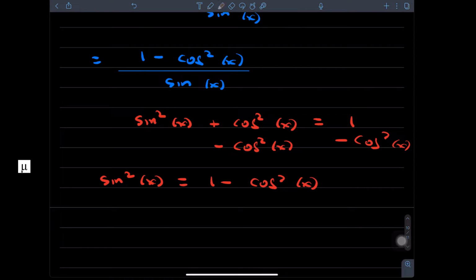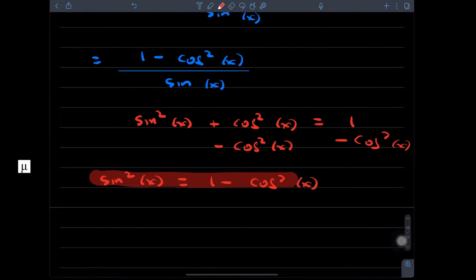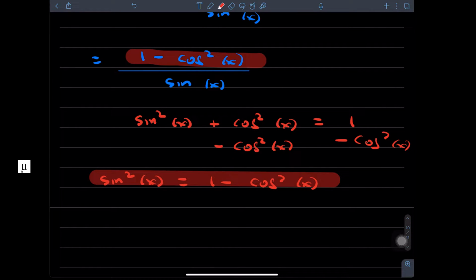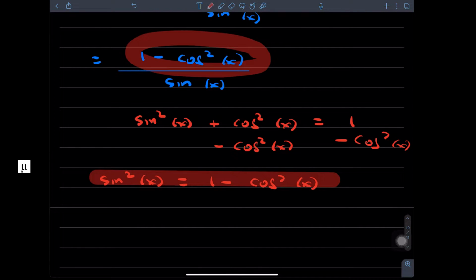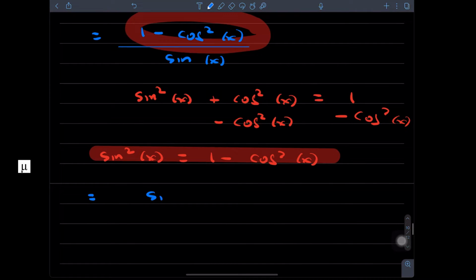Cosine squared. And so if you have 1 minus cosine squared there, what can I replace that with? Sine squared, yes. So just be aware that you can actually solve for that.